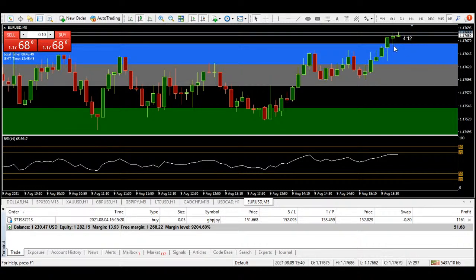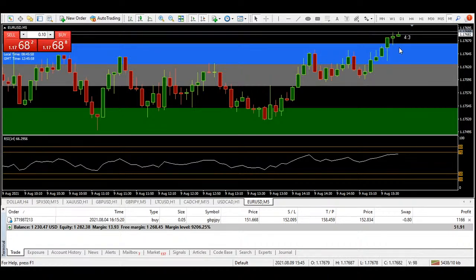We did get a break. We did get a retest right here. I would like to see this base out.